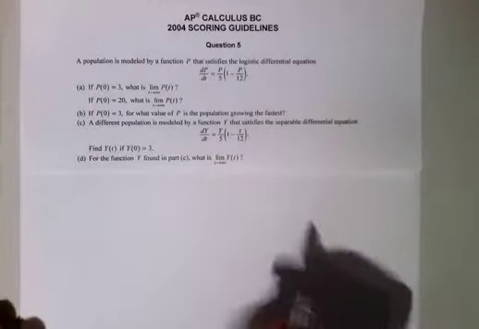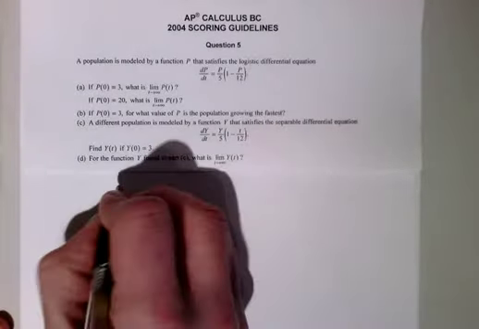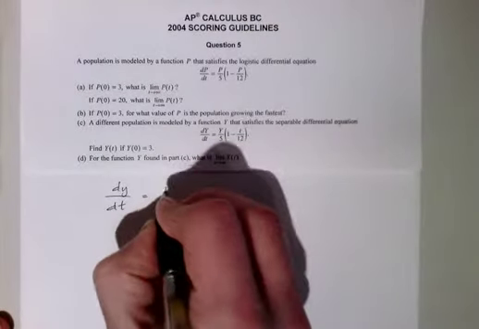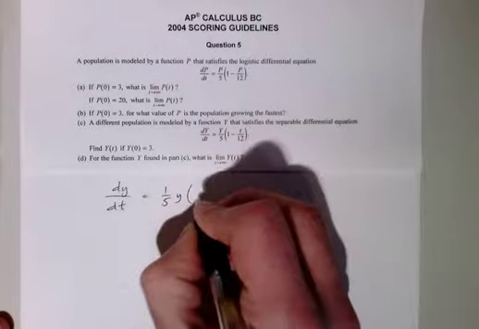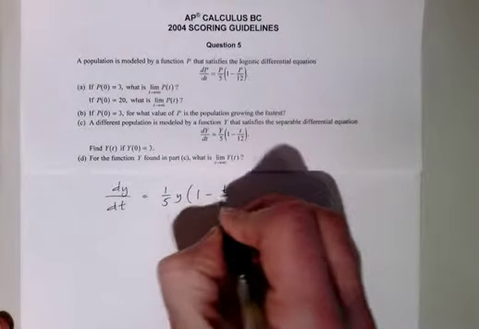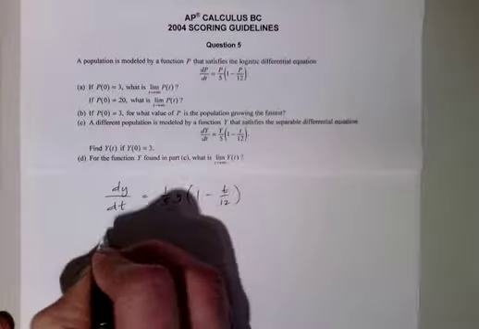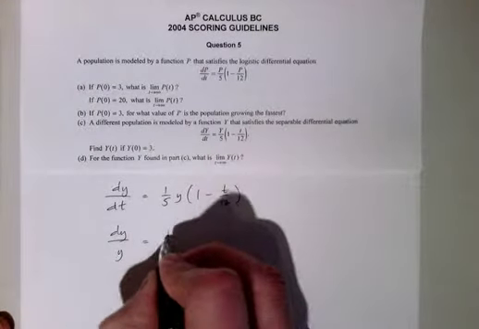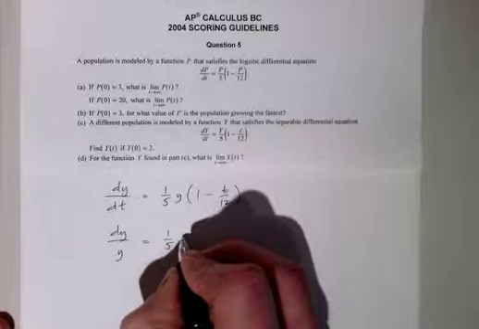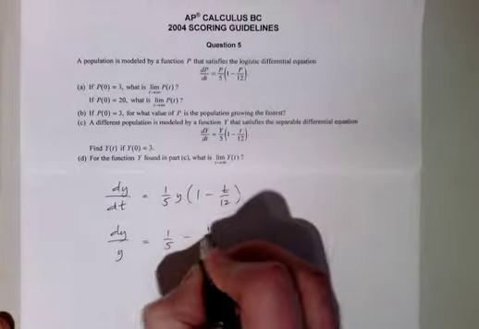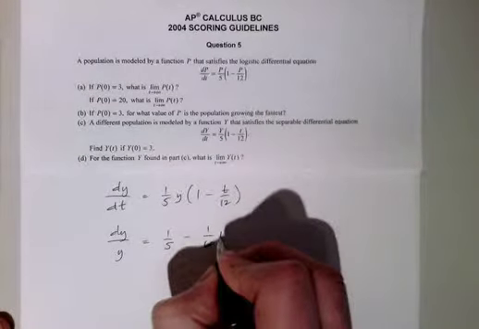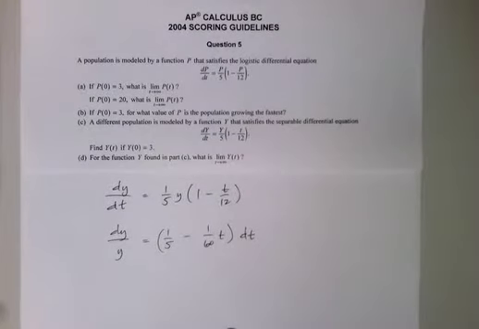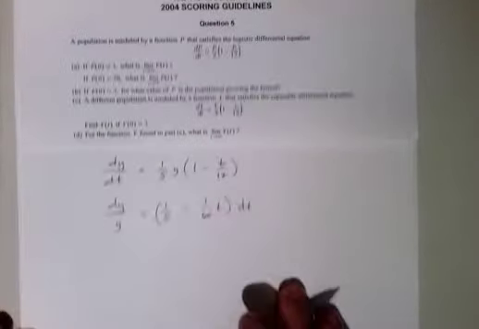So as a separable differential equation, this winds up being 1/5 y, 1 minus t over 12. The y goes down here, and I get dy over y, and this becomes 1/5 minus 1/60th t dt after I distribute that 1/5 and multiply both sides by dt.